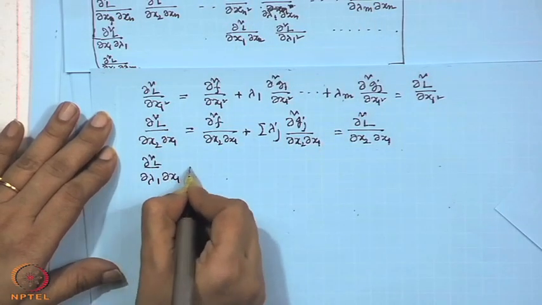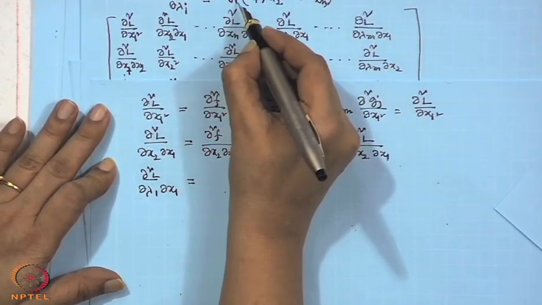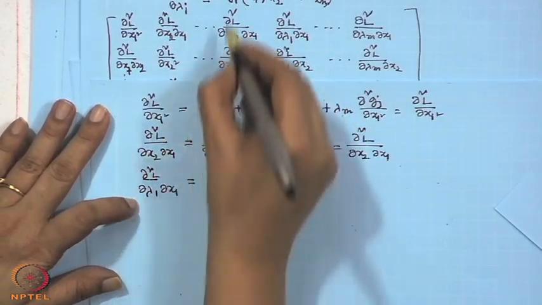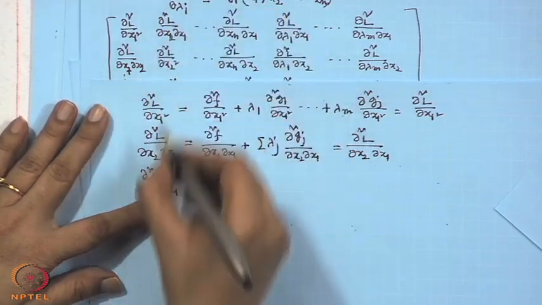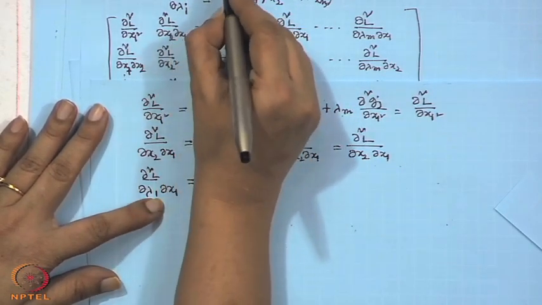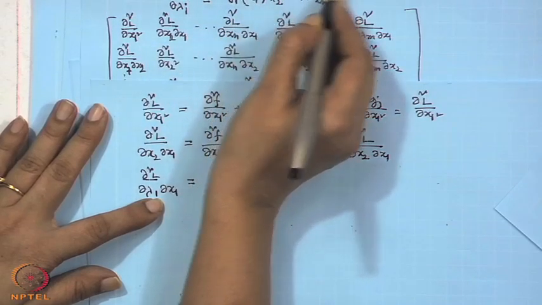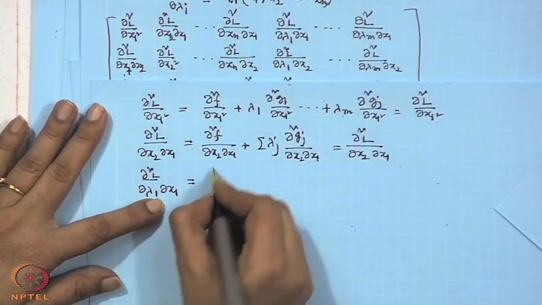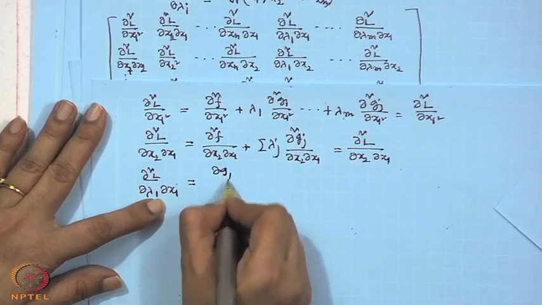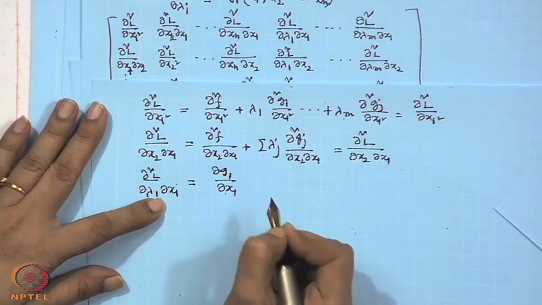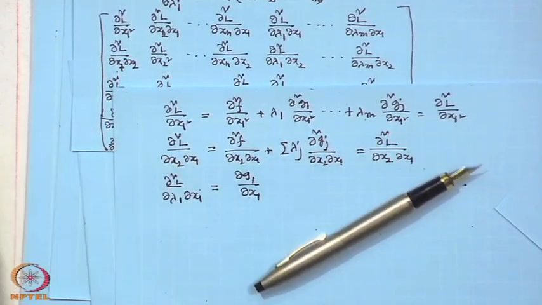This is equal to del g1 by del x1, because del L by del x1 is equal to del f by del x1 plus lambda 1 into del g1 by del x1 plus the other terms. In this way, if we do the other terms as well, we will see the same pattern.